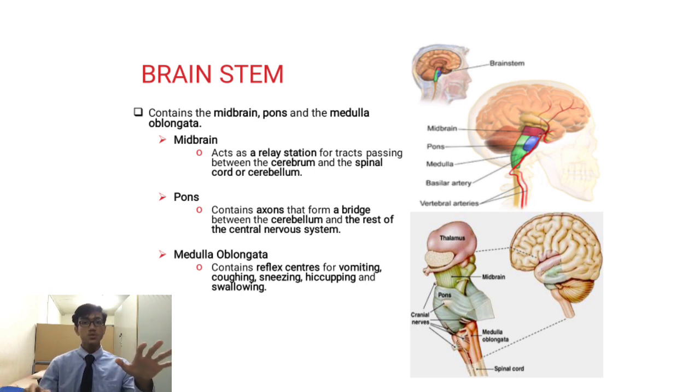The second one is the pons. The pons contains axons that form a bridge between the cerebellum and the rest of the central nervous system. And the last one is the medulla oblongata. The medulla oblongata is the reflex center for vomiting, coughing, sneezing, hiccuping, and swallowing.